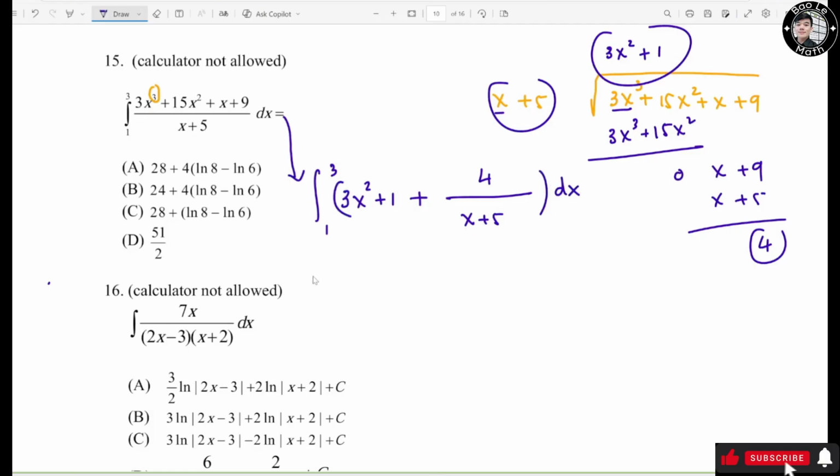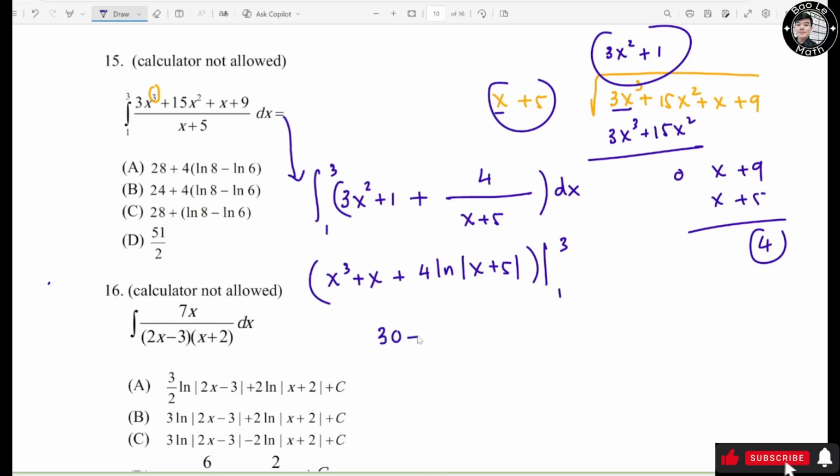Right? So the antiderivative of this one is going to be s cubed plus s, right? This guy right here is going to be 4 times ln of the absolute value of s plus 5, right? Altogether, evaluated from 1 to 3. So it could be 3 cubed, it could be 27, plus 3 it could be 30, right?